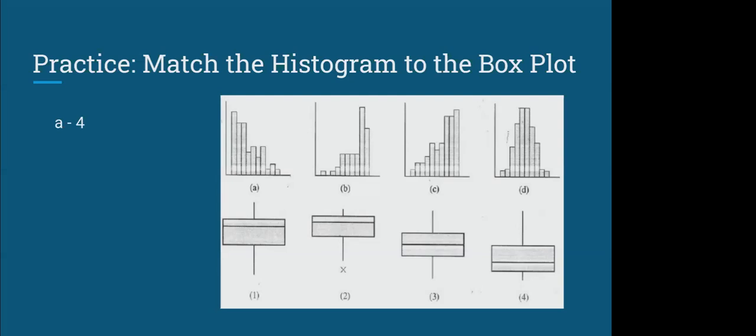So B, we need to look for something that denotes an outlier. So which one would that be? We only have 1, 2, and 3 to choose from.